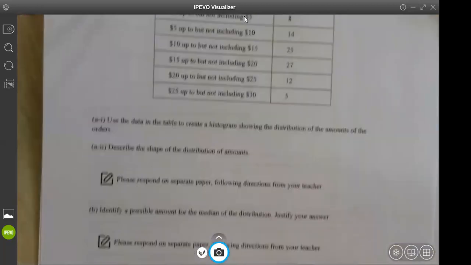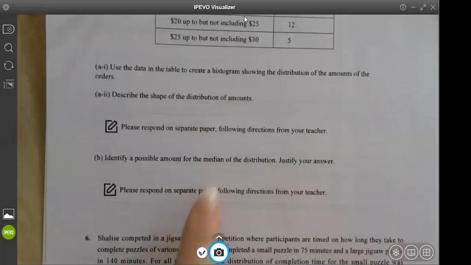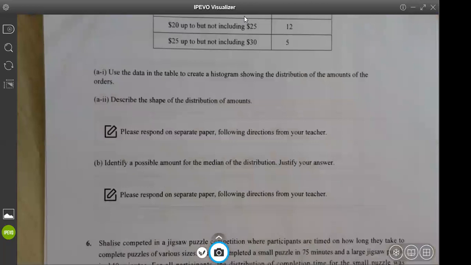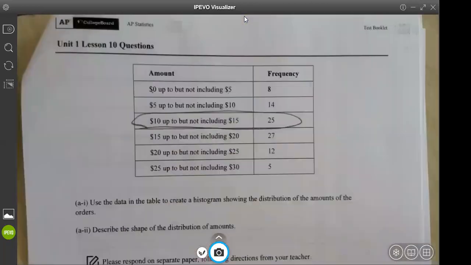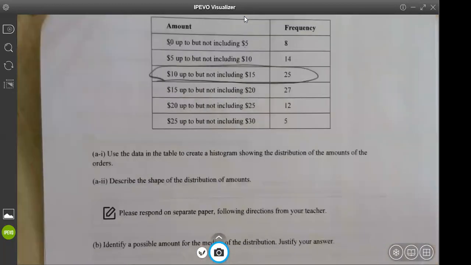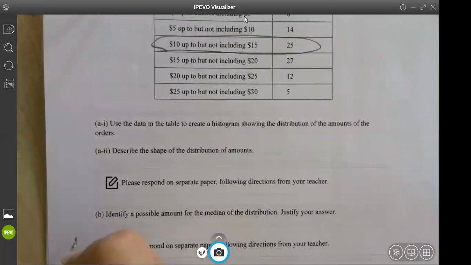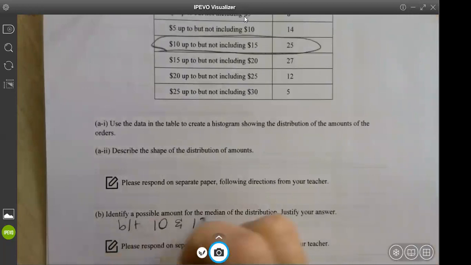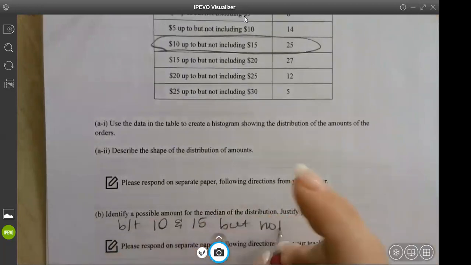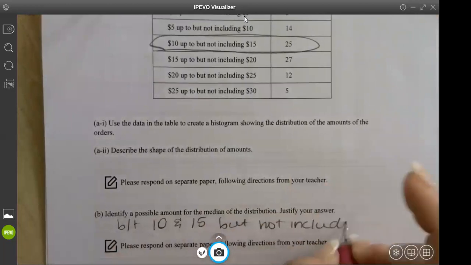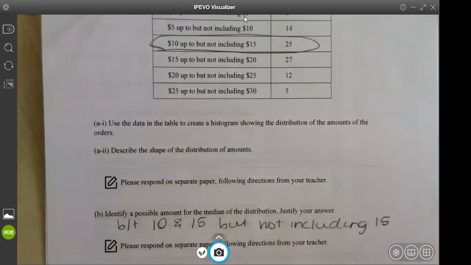That is this part. If it's this bar, what would be the value of your median? Between 10 and 15, but make sure that you don't include 15, okay?